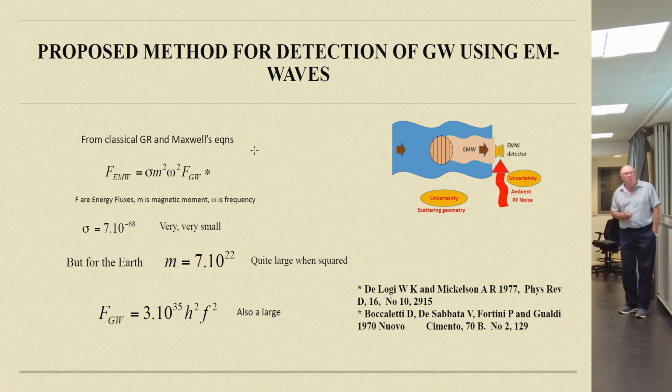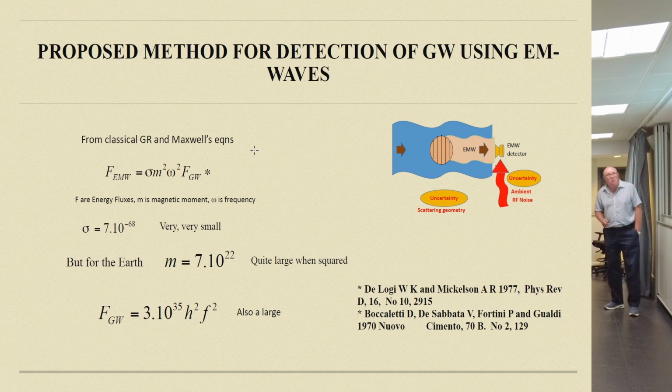So this is the Earth. The blue line is meant to represent the gravitational wave coming across, and it will vibrate the Earth. And of course, as we know, the Earth is also a huge magnet and produces a magnetic field. I always find it very disconcerting to think that we're actually being bathed in these gravitational waves all the time.